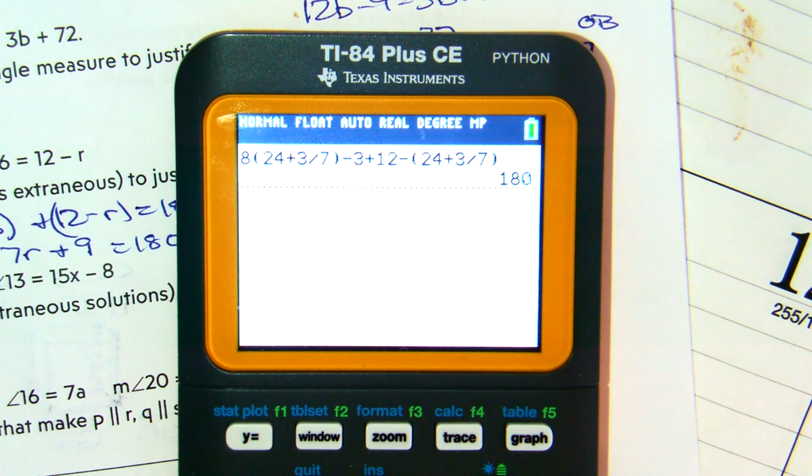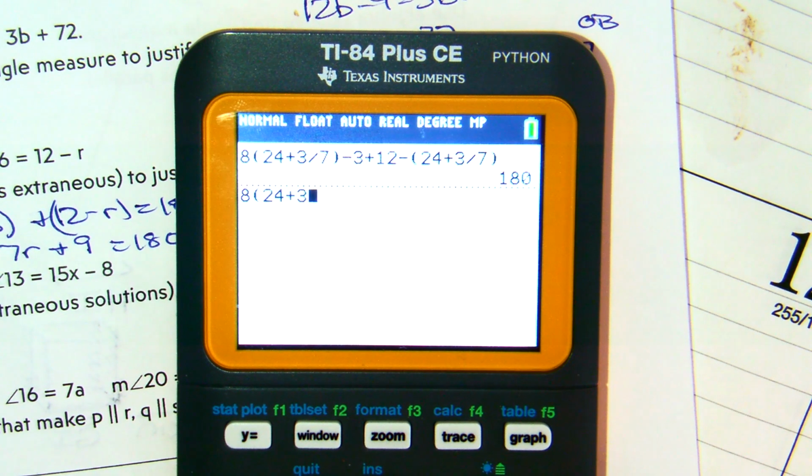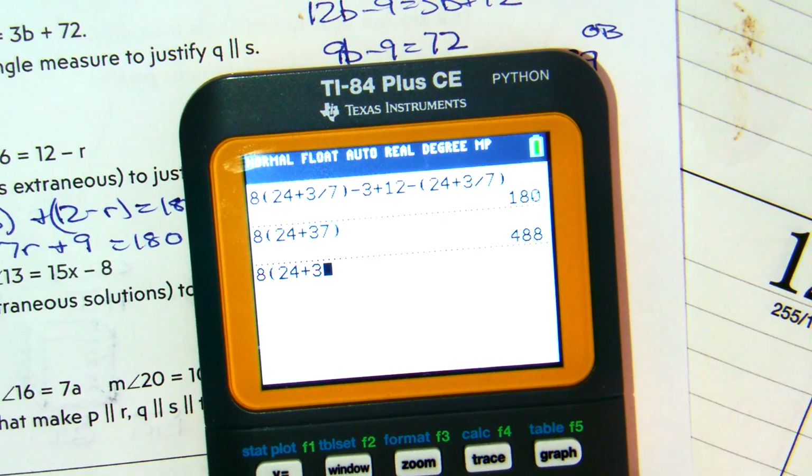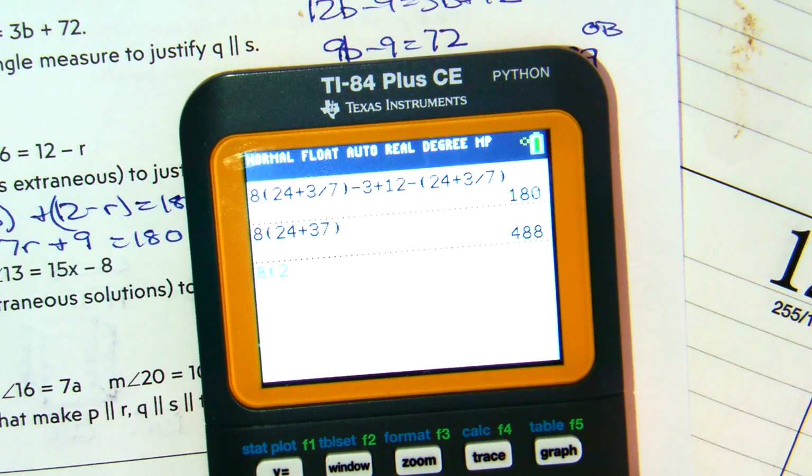Now if I want to find the actual angle measures, I would go back and do 8 times 24 plus 3 divided by 7. There we go, 195.428.